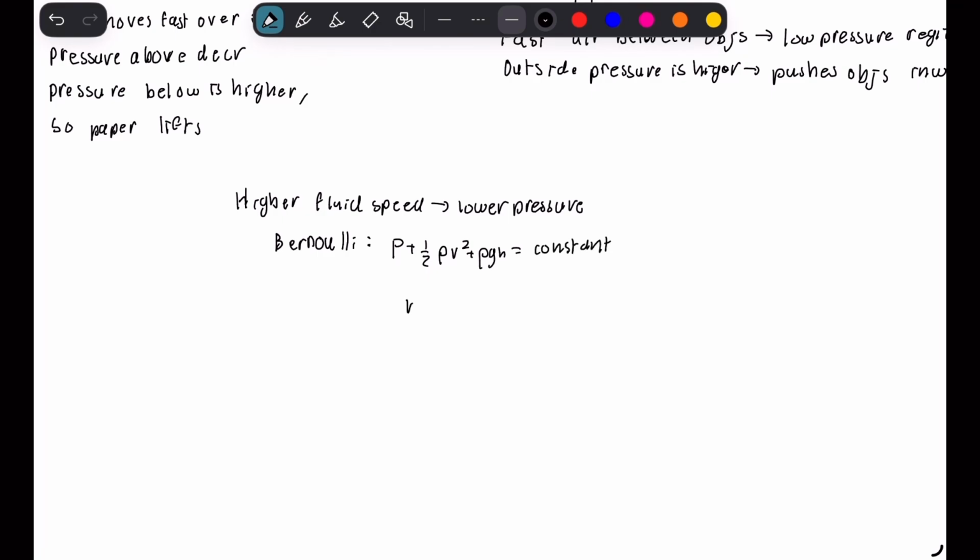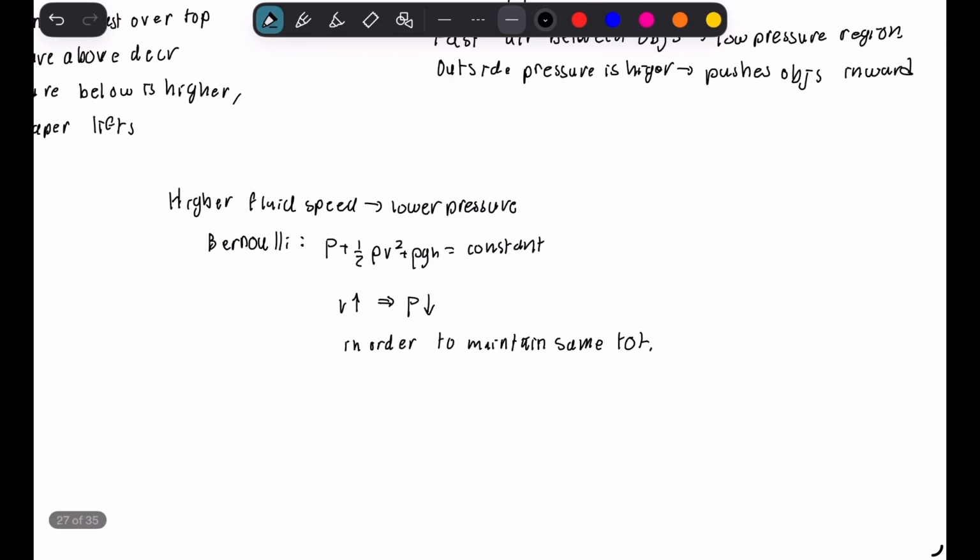So that means that if V increases, P must decrease in order to sum to the same thing. So faster flow means lower pressure.